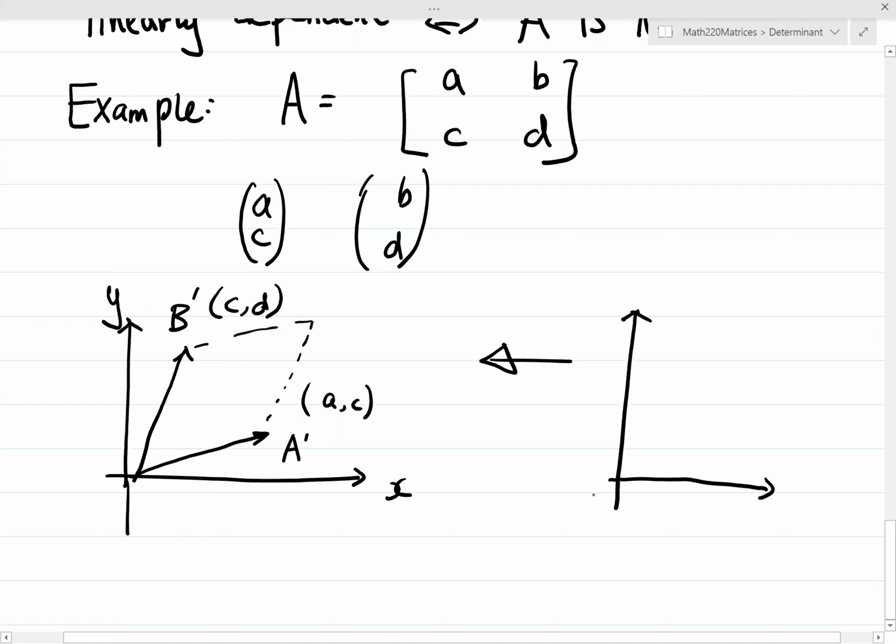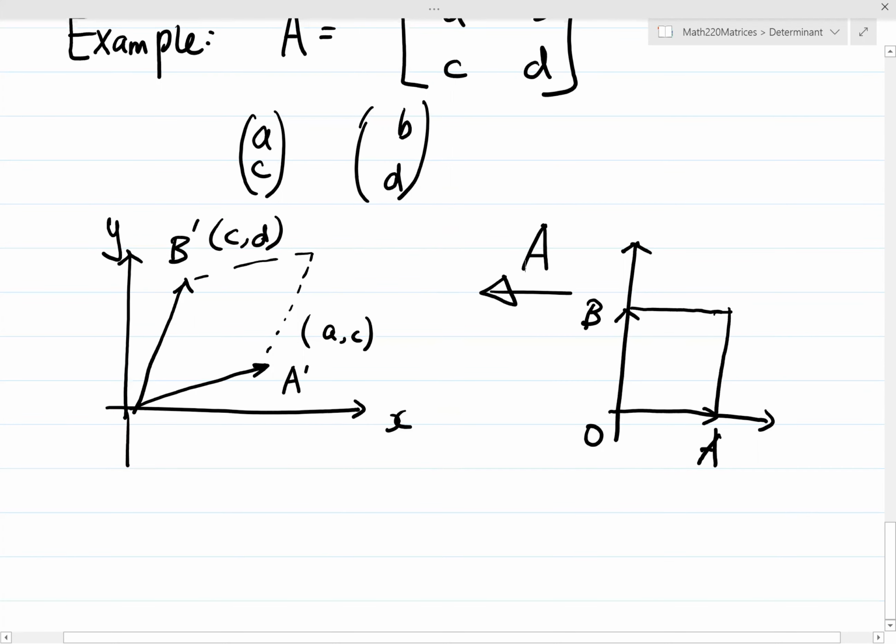This is O, this is A, this is B. A maps to A prime, B maps to B prime under the map A. The square has area 1. Now we need to find the area of the parallelogram.